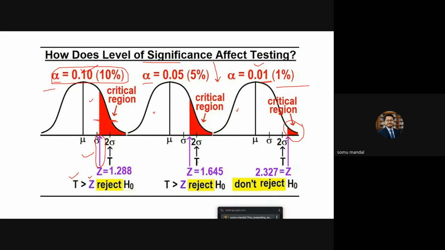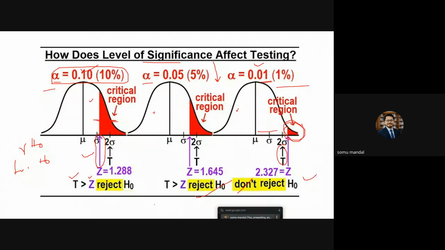So if your test value falls in this critical region, then you reject the null hypothesis. If your test value falls beyond this critical region, then it is called fail to reject the null hypothesis, not accept. In statistics, we interpret our statistical decision in two ways: one is reject the null hypothesis, another is fail to reject the null hypothesis, not accept the alternative hypothesis.